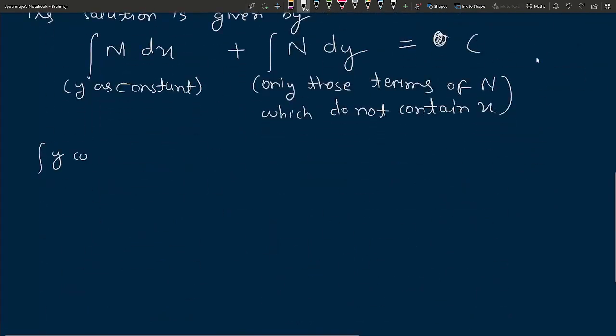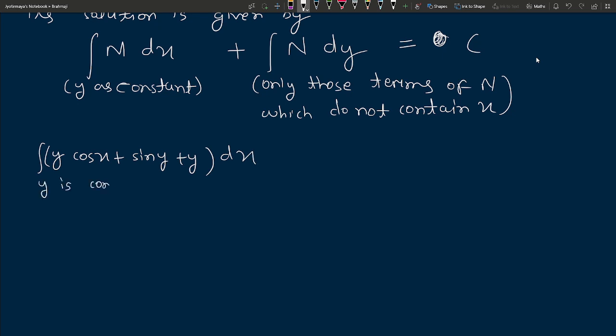So we integrate (y cos x plus sin y plus y) dx, where y is treated as a constant, plus integration of those terms of N that do not contain x.